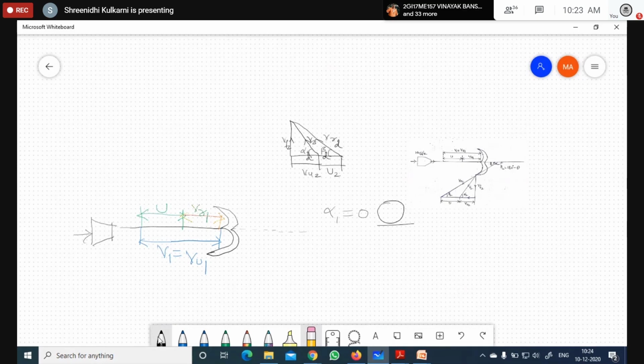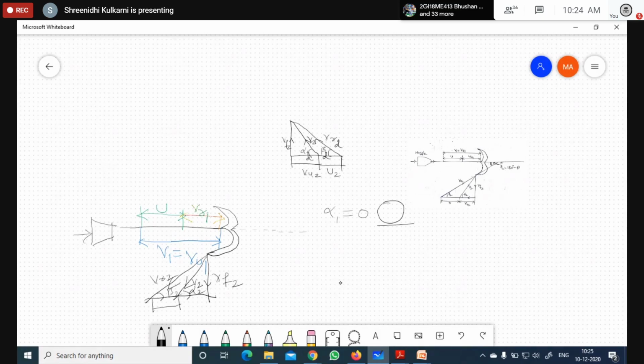So next I will draw the outlet velocity triangle. Either you can draw downwards or upwards. Better we take the downward direction only. So this is VR2, this is V2, and this is VF2, with alpha 2 and this is beta 2.